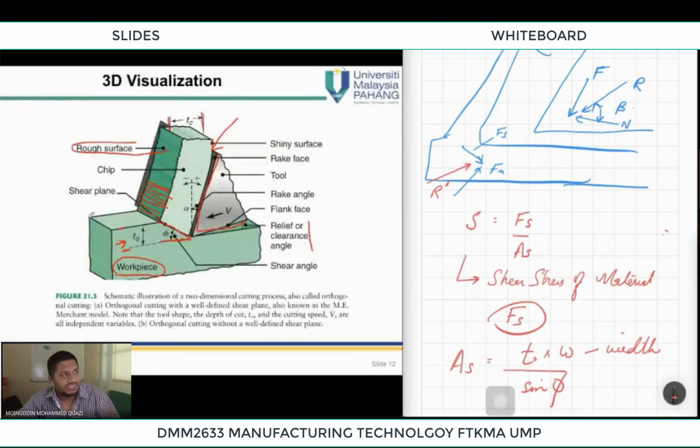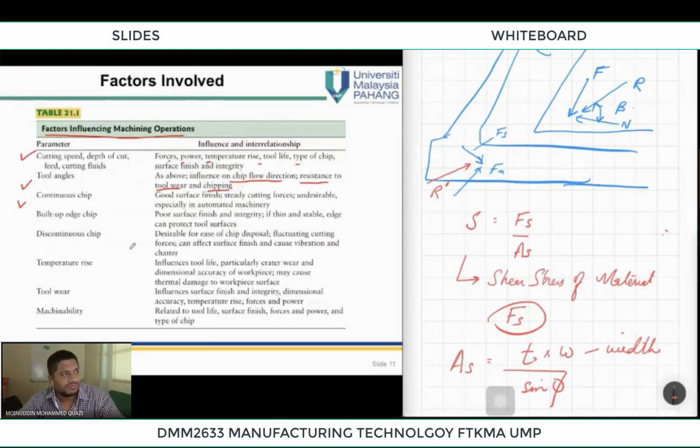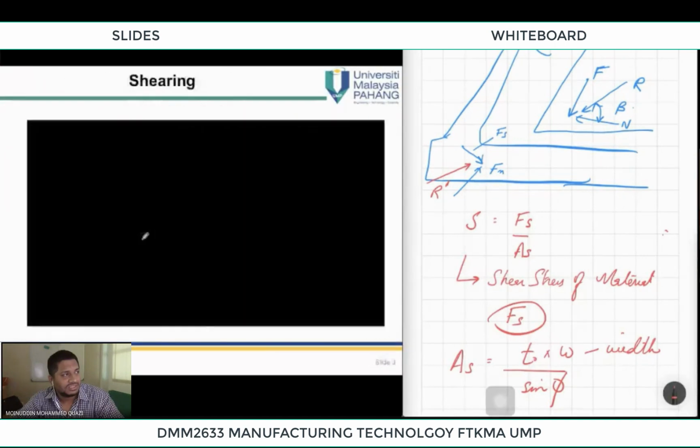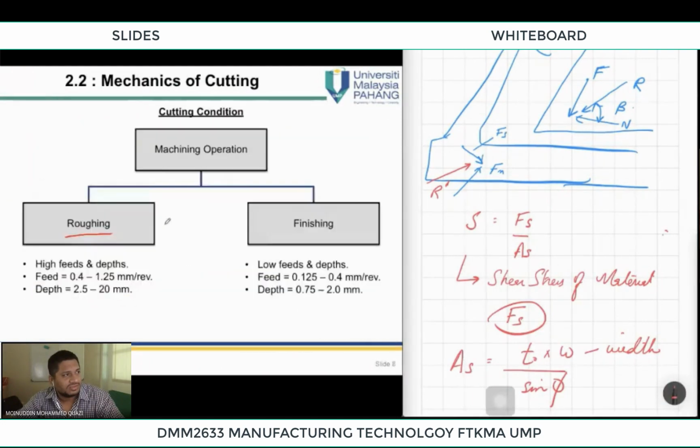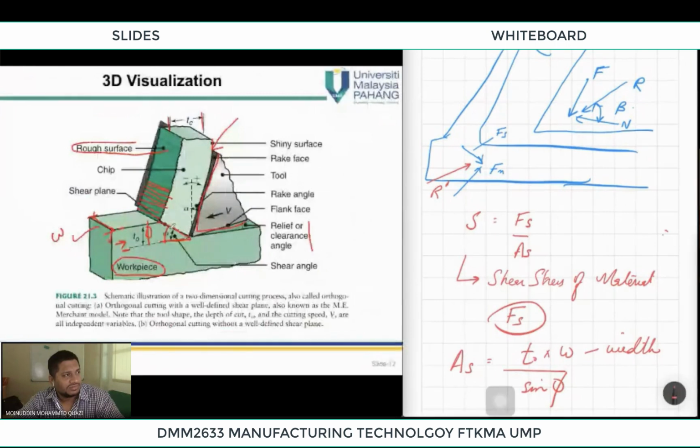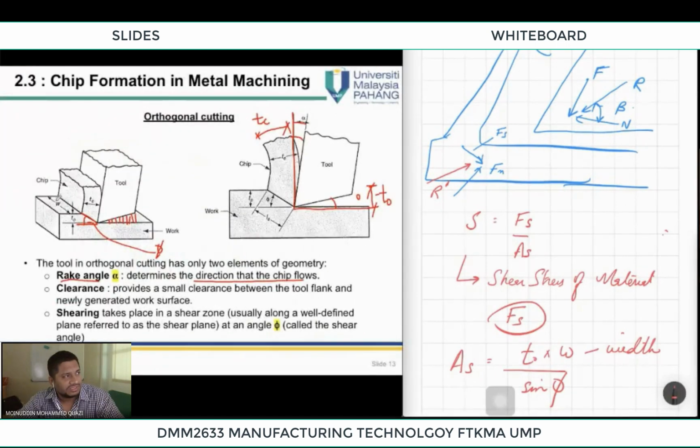You can see this is the width, W. This is phi. This is T naught. I will show you once again. Here you can see this is W, from here to here, the width.